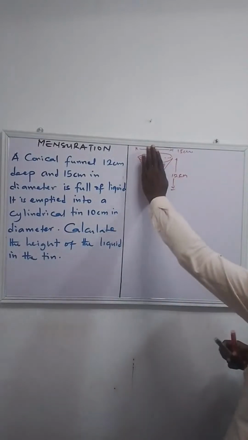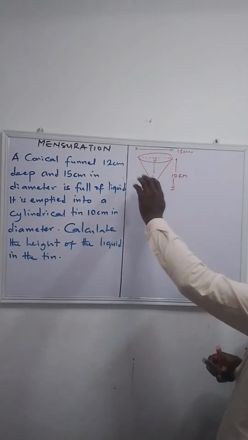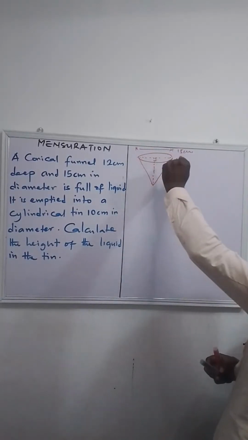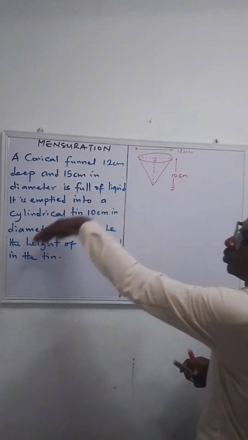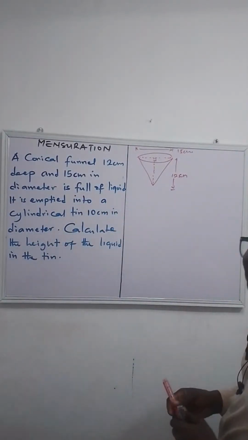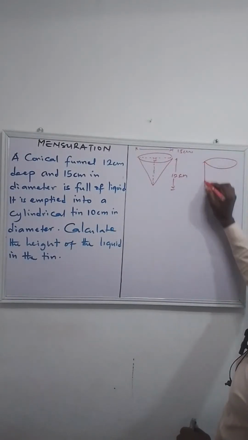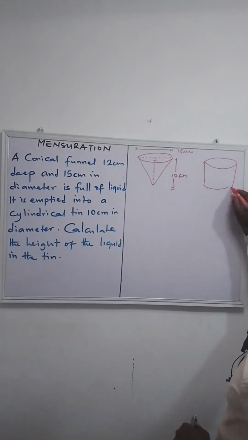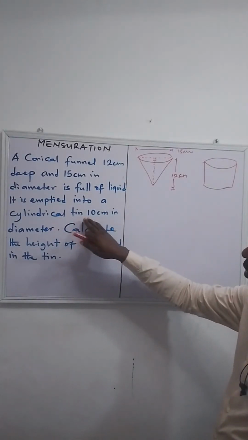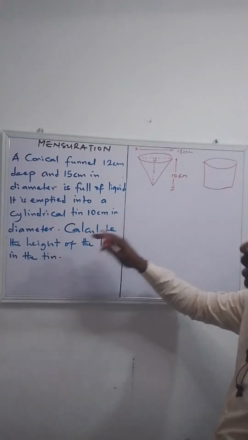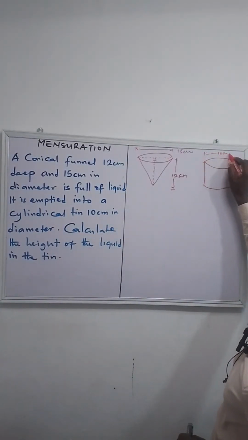So the volume of water, this conical funnel is full of water. Now the total volume of this cone is now poured into a cylindrical tin, which looks like this. Now the cylindrical tin is 10 centimeter in diameter.